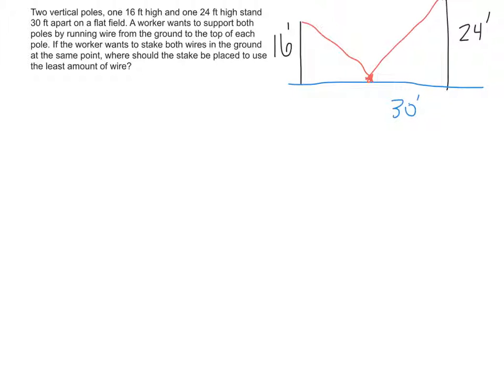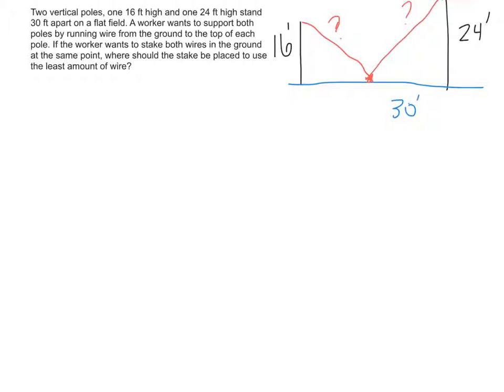So in this case, these red lines here are what I'm trying to minimize. So this length here, this distance, and this distance is what I'm trying to find the length of. So we need to figure out what that is and where this is going to be located.